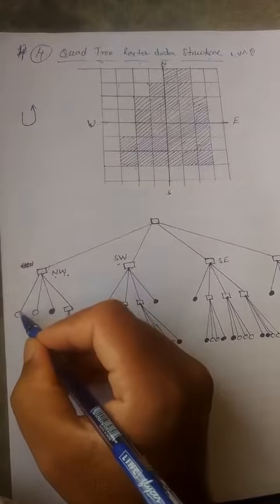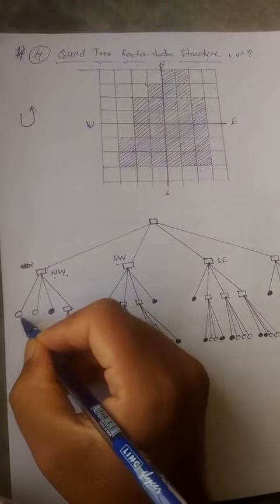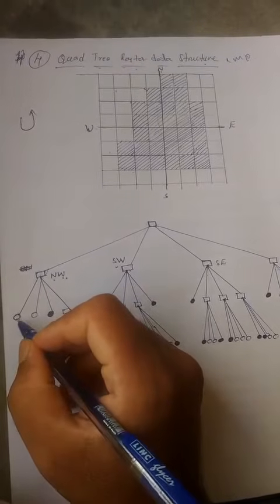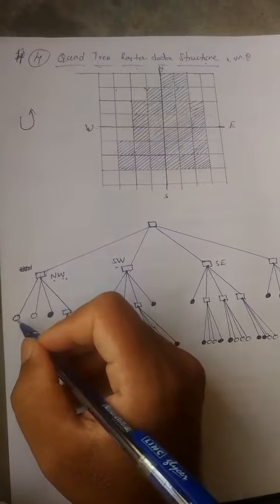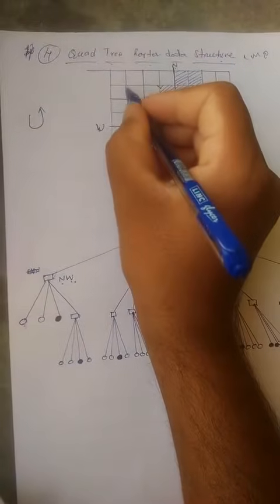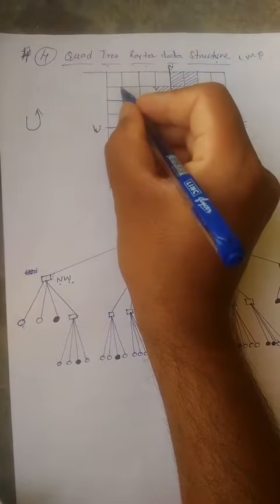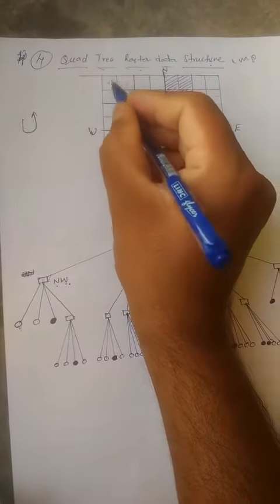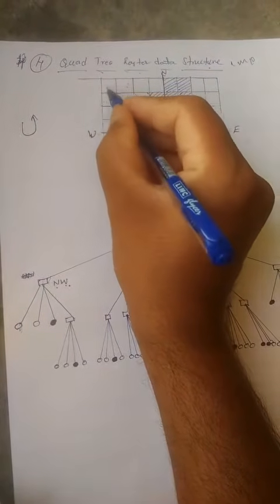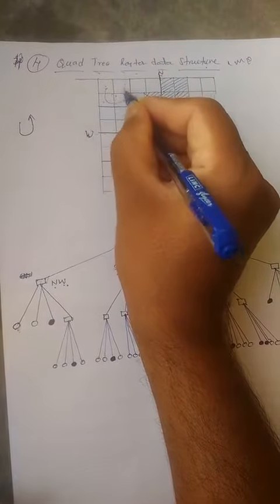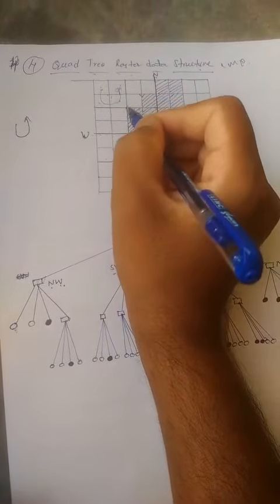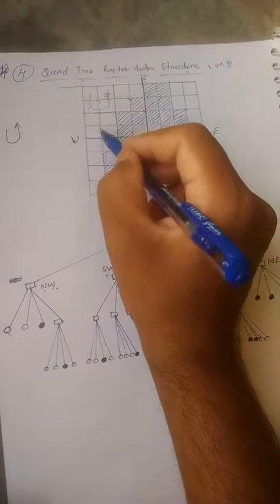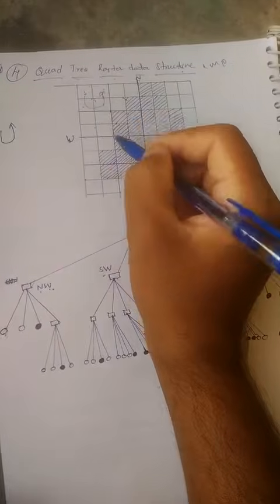Initially, it will be empty, meaning there are no boundaries, or that particular area does not include anything. If you take this one, one two three four, it is also represented like this. We have to represent it, always in the anti-clockwise direction. This one is 1 2 3 and 4.